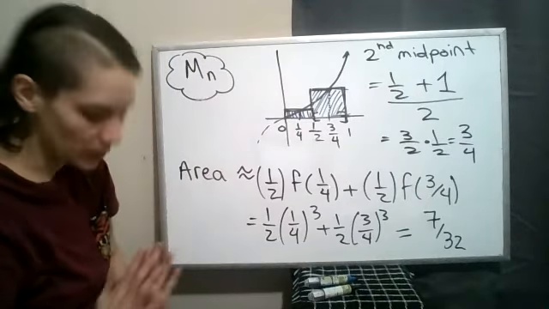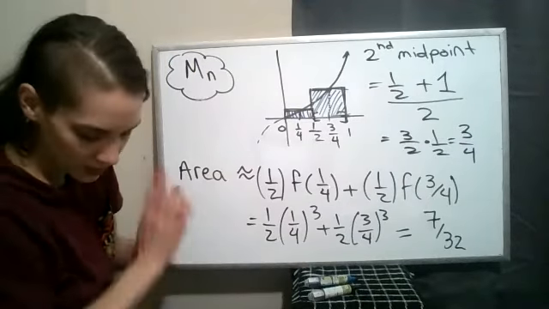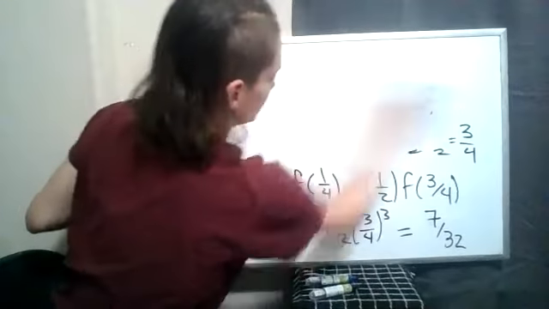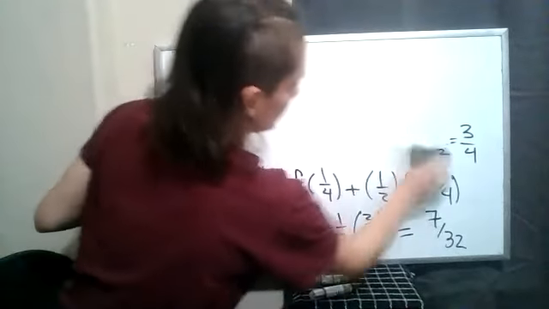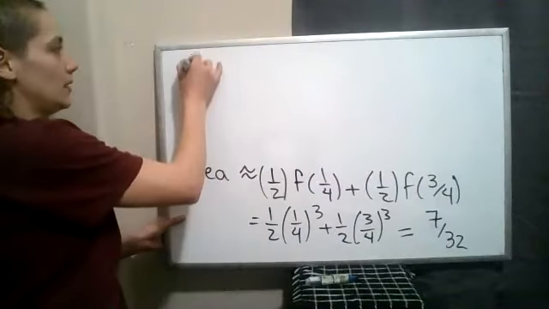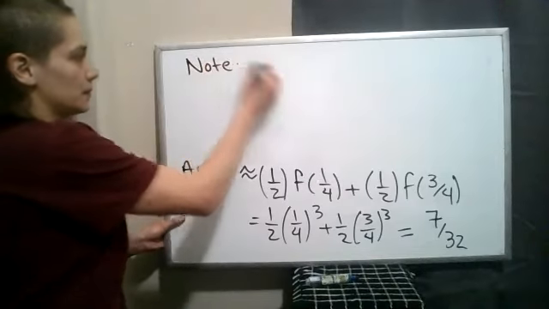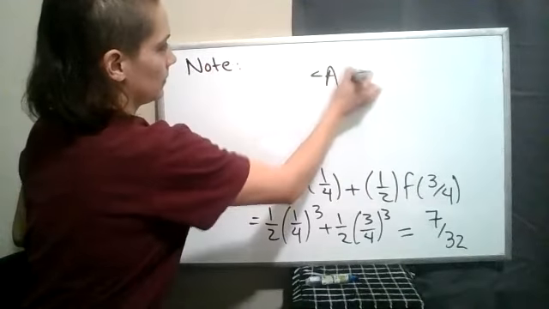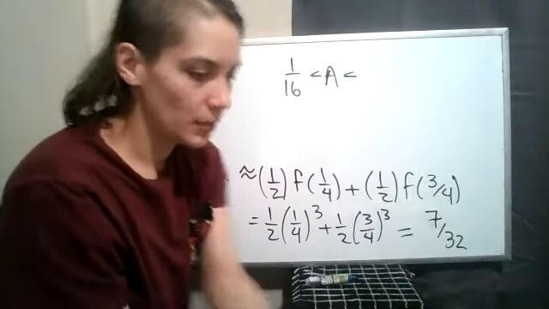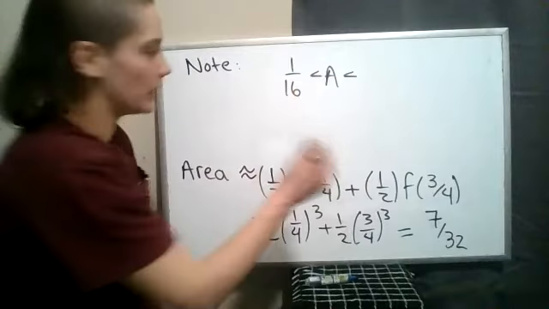We know that the area is somewhere between 1/16 and 9/16. 1/16 was that left hand part, and then when we did the right hand part, it was much greater.